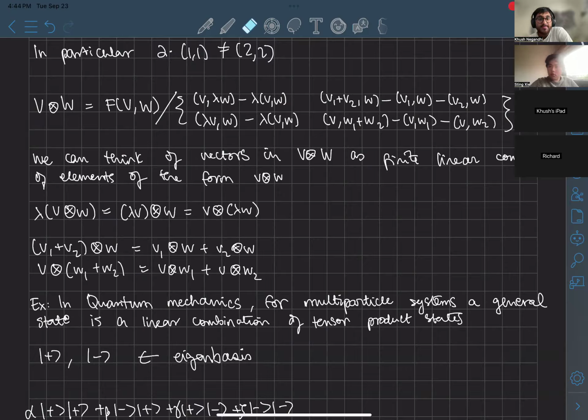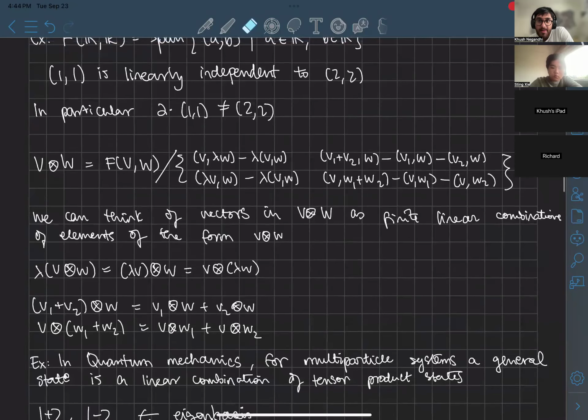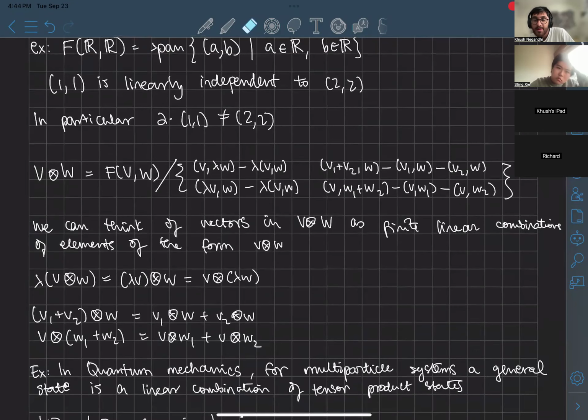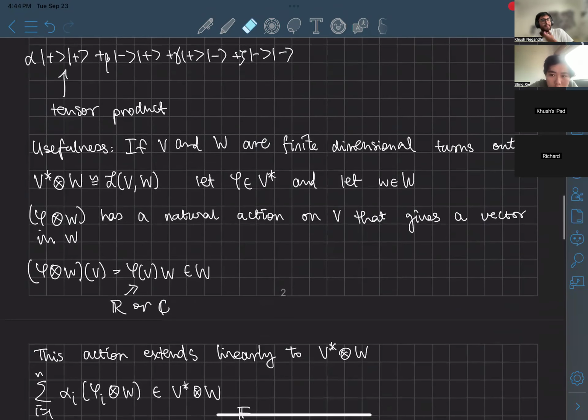Which isomorphism? I mean, in finite dimensions, you can reduce the first isomorphism theorem to rank nullity.